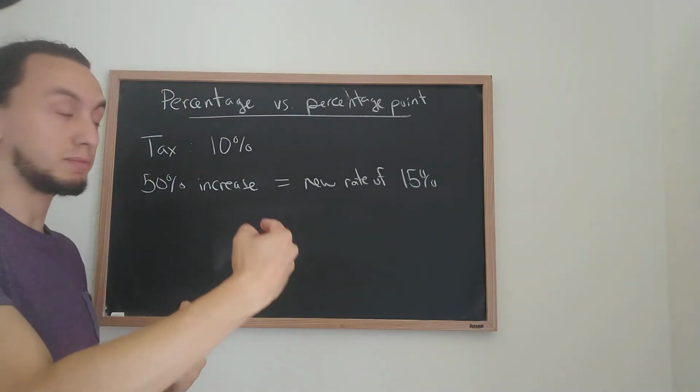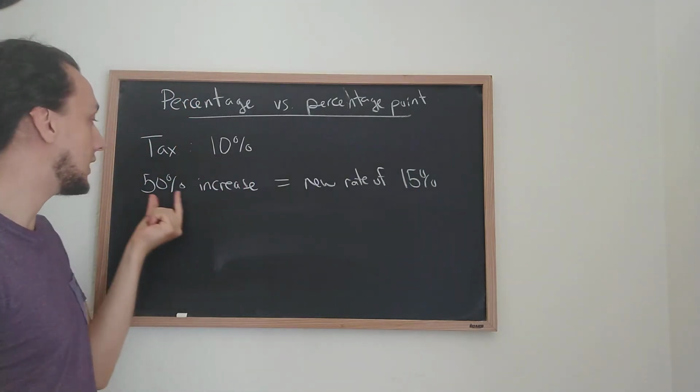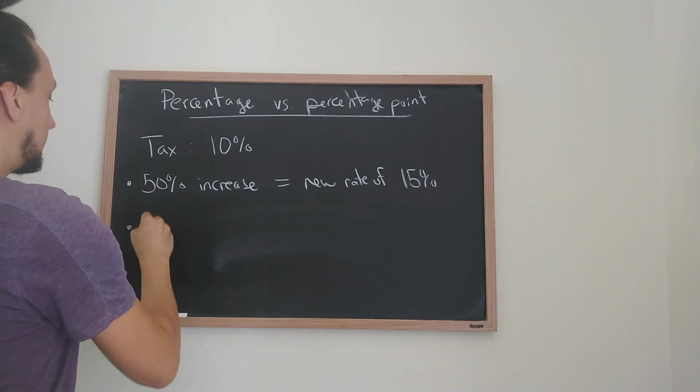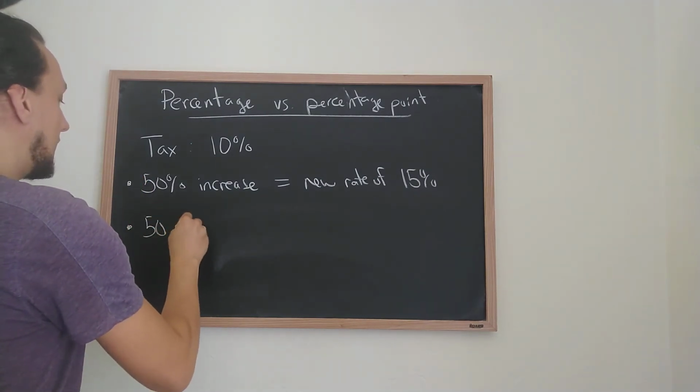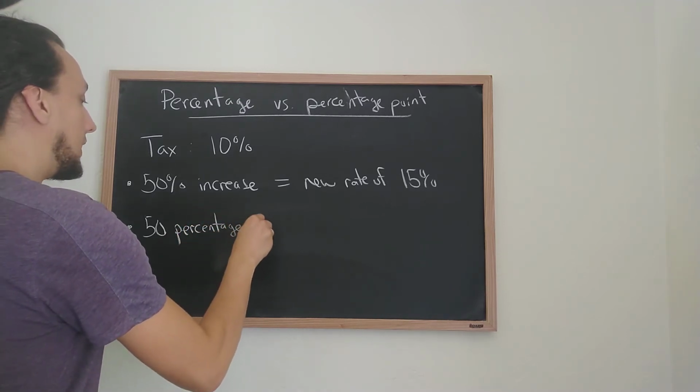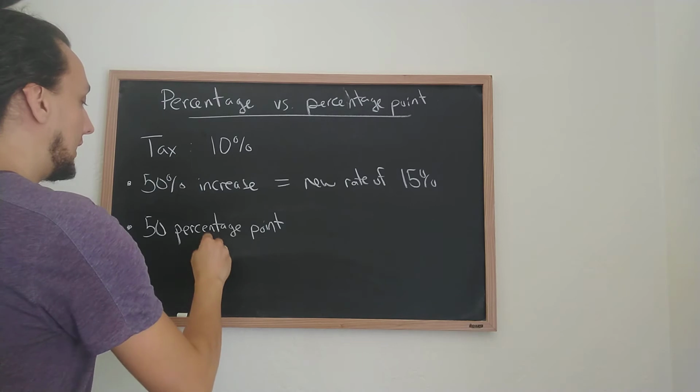It went up by 5%, which was half of the original rate, which is what this 50% refers to. That's one way. But I could also describe a 50 percentage point increase.